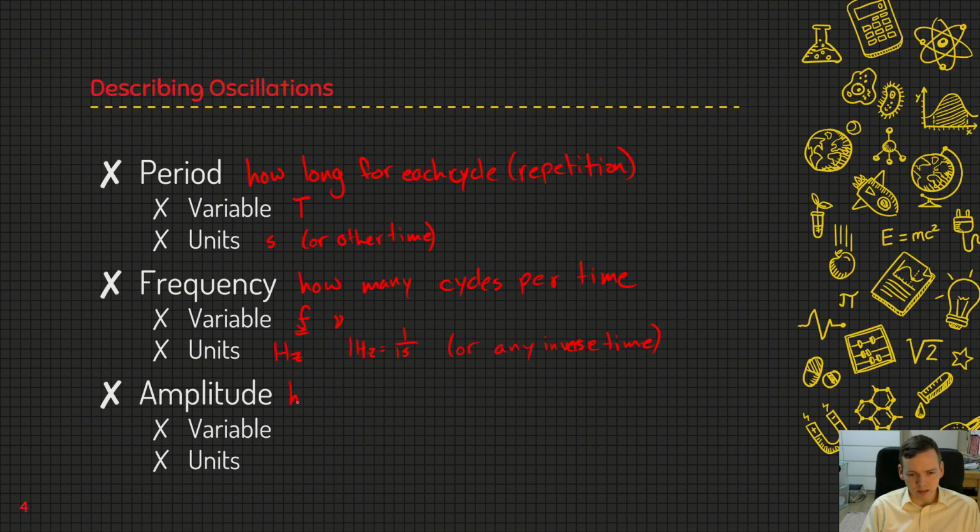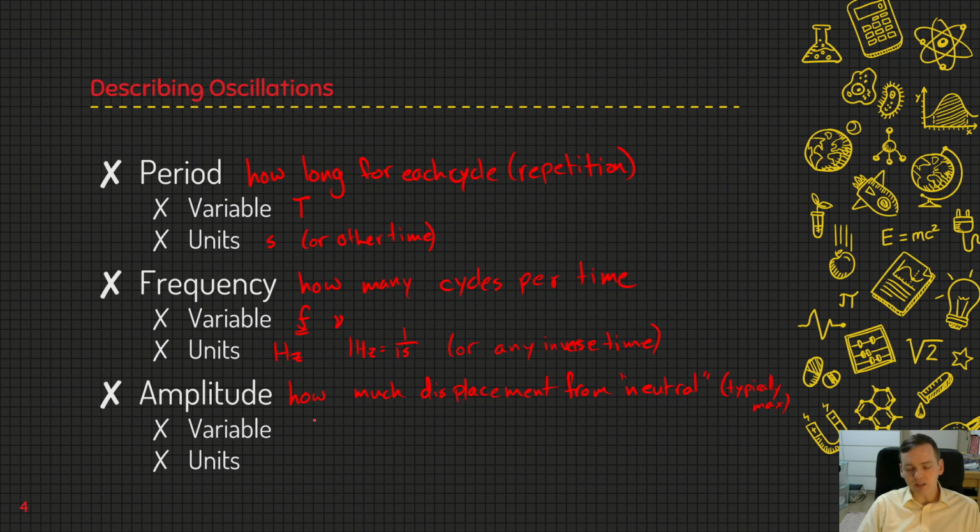Amplitude is how much displacement from the neutral position. So if the restoring force is minimized, how much displacement have you pushed or pulled from there? And typically when we talk about amplitude, we're talking about the max displacement, but there are places where you might say the amplitude is a certain value that's lower, but it's almost always going to be the maximum displacement.